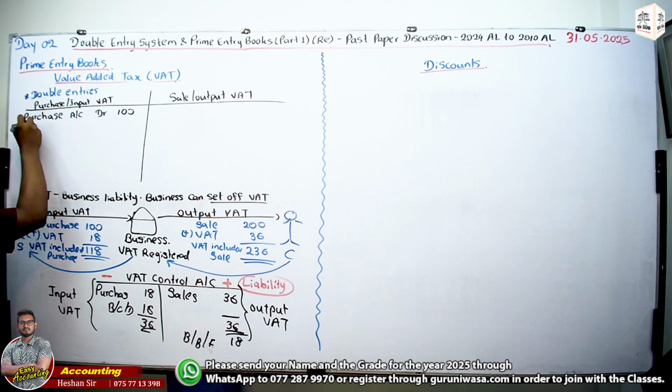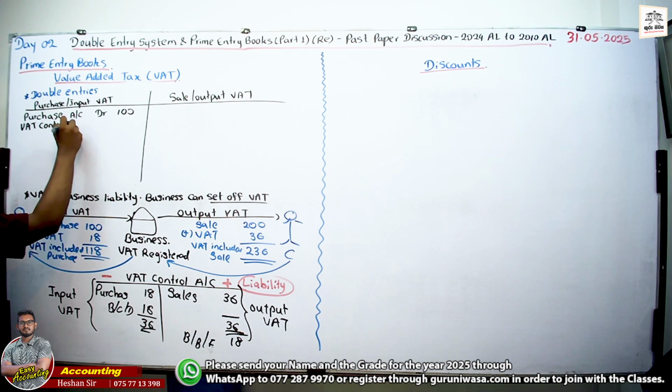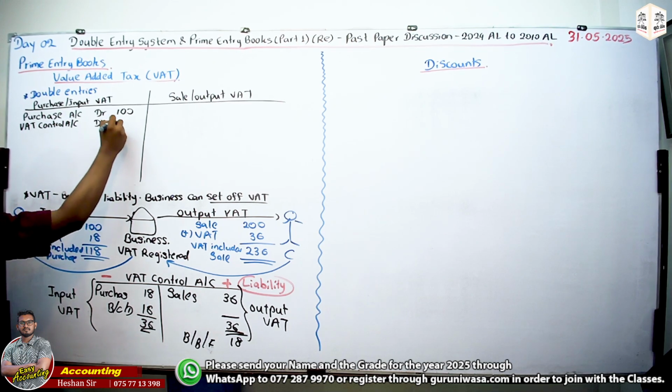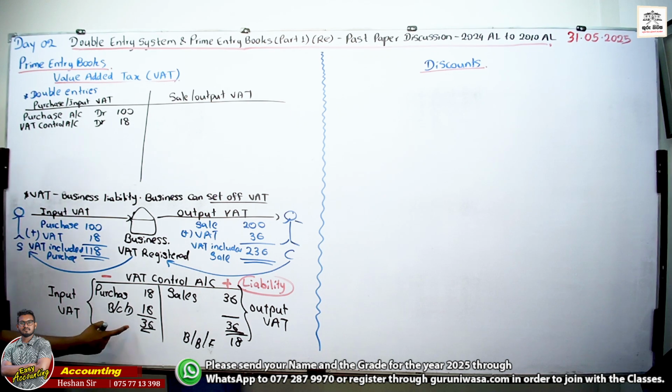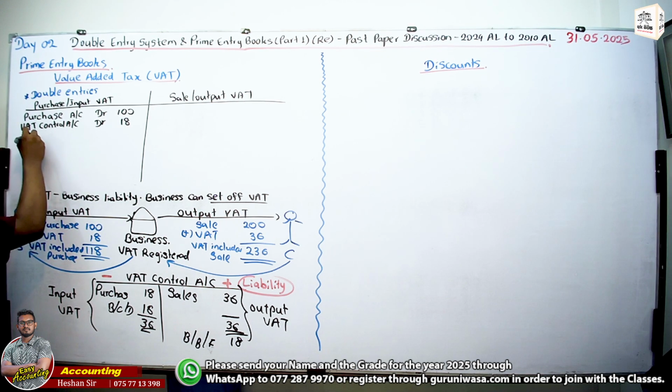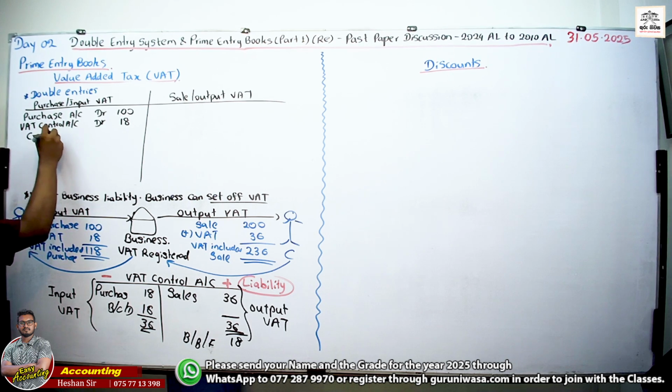VAT control account goes 18, because when we purchase, the VAT we give we can set off, so our VAT liability decreases.